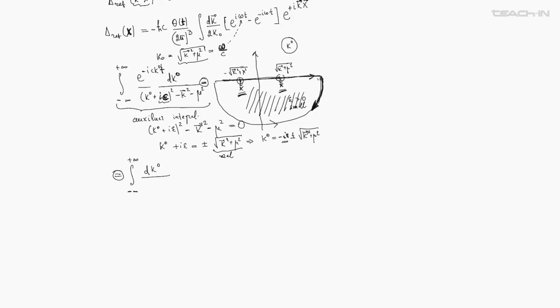So let me then write the answer, and if you will have questions, I will be ready to answer. So k squared plus mu squared, and then there is a residue at the first pole, which is exponential minus i c k0 t divided by k0 minus.